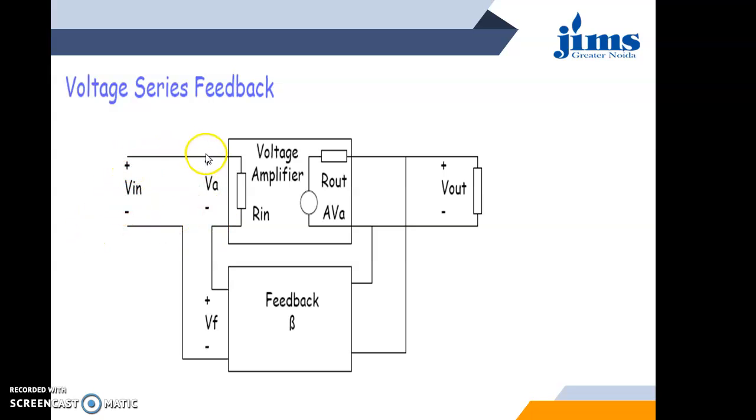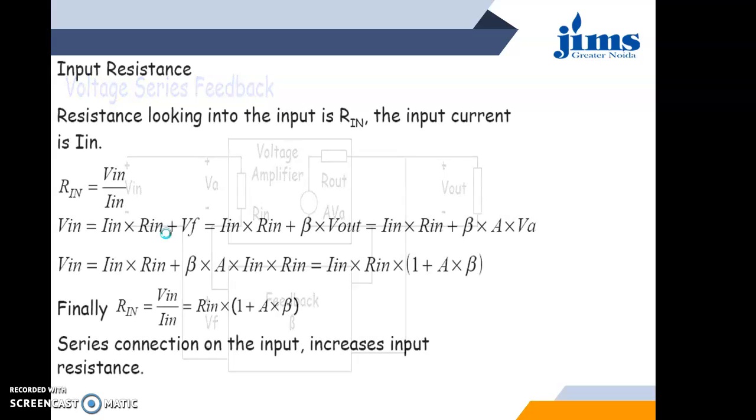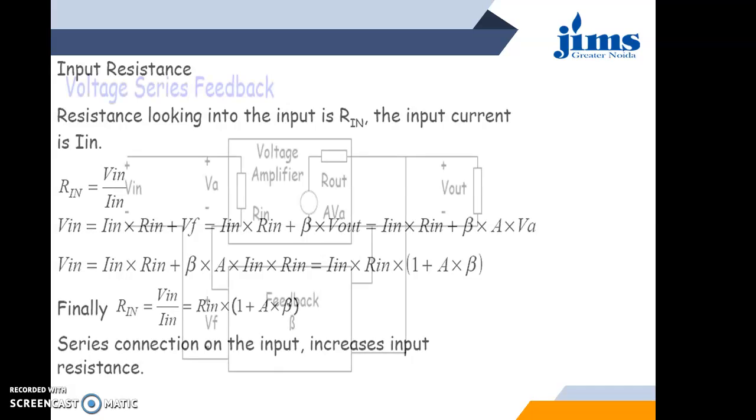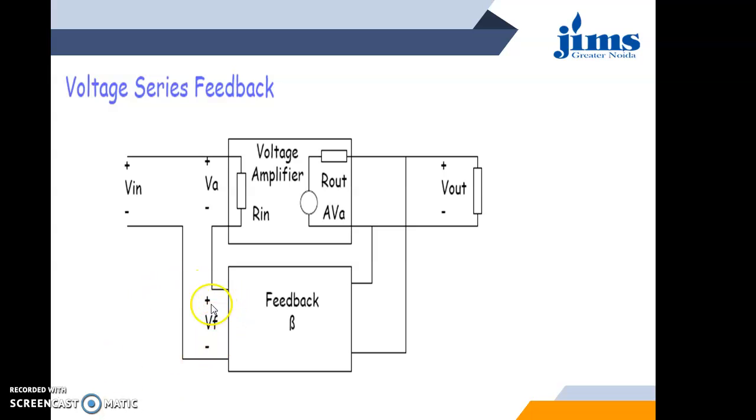Vin is nothing but VA plus VF, where VA is In Rin. So Vin is In Rin plus VF. VF is beta into Vout. Here the feedback voltage is the output voltage of the feedback network, and the output is gain into input, where gain is the beta factor and input is Vout.